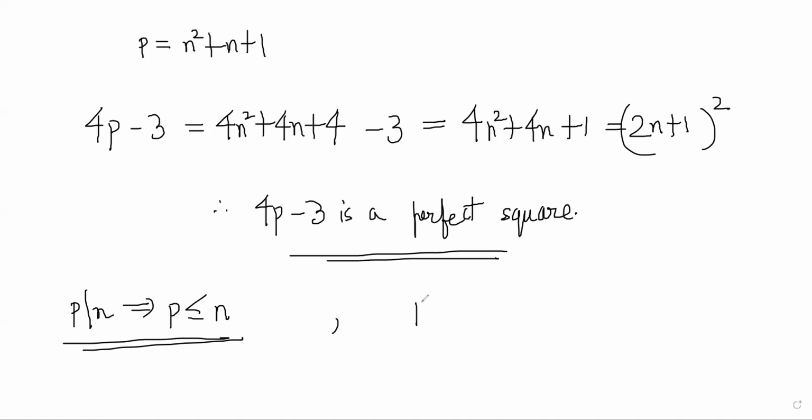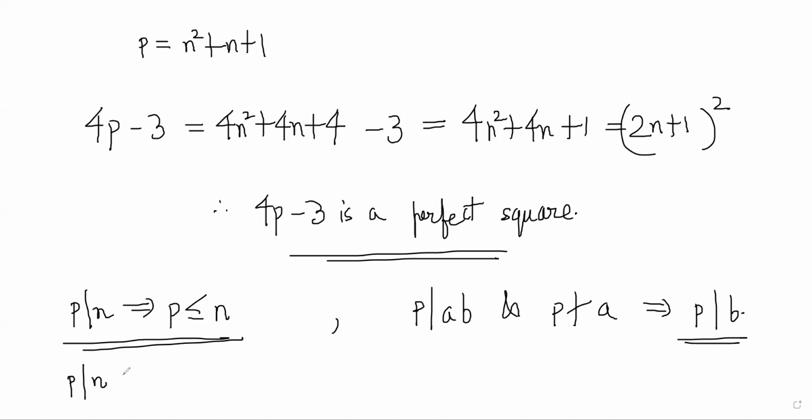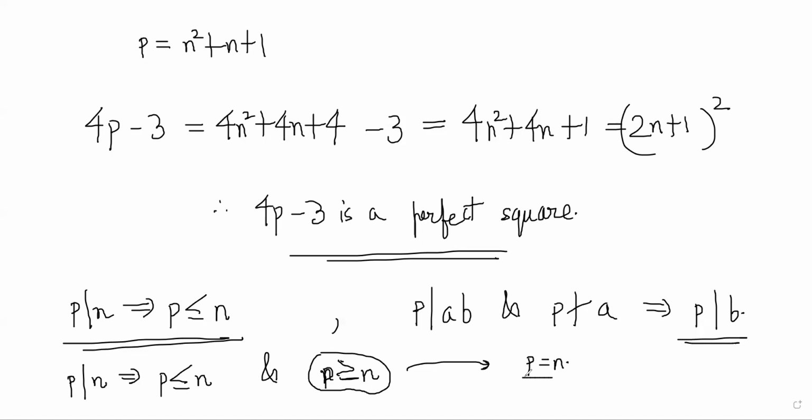Then the other idea we used was P divides AB and P does not divide A, implies P divides B. And finally, we use the fact that if P divides n, which implies P is less than or equal to n, and we can get that P is greater than or equal to n also by some other way, then that implies that P equals n, right? So these are the basic ideas that we have used here.